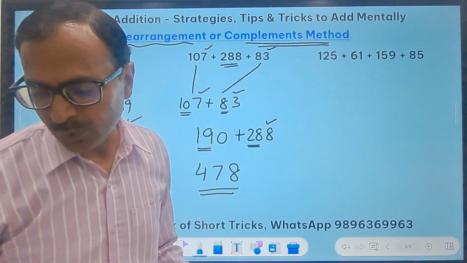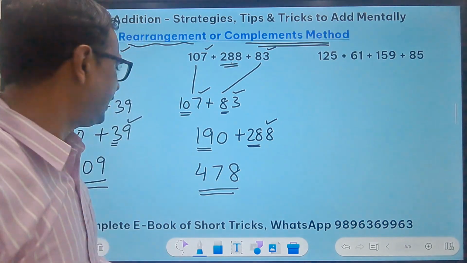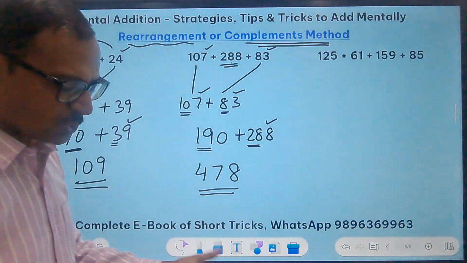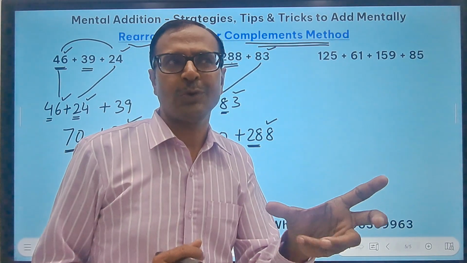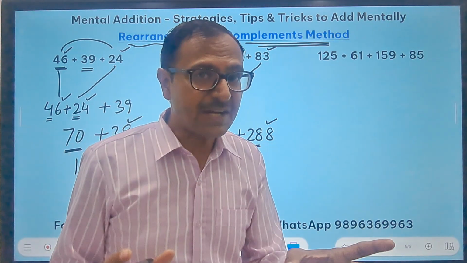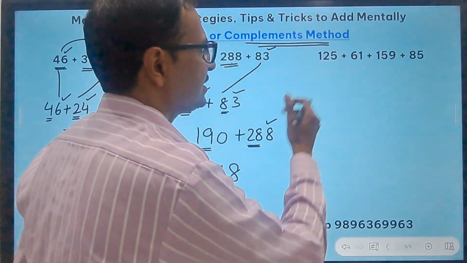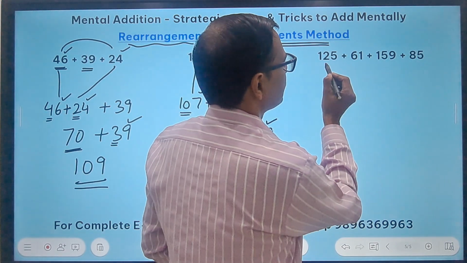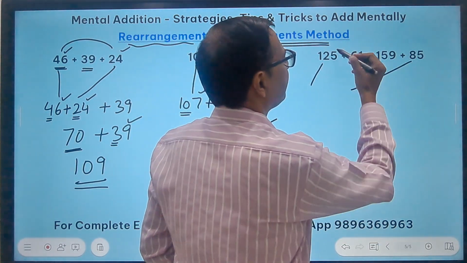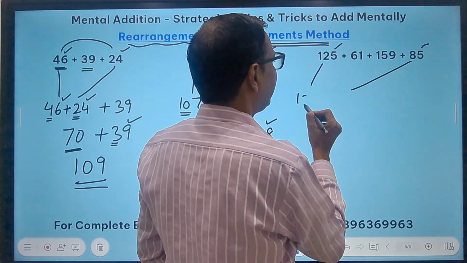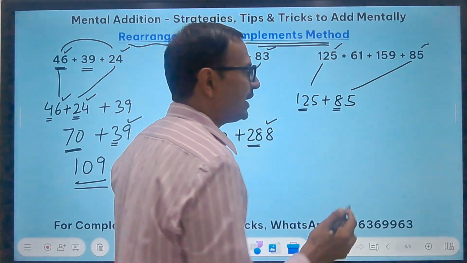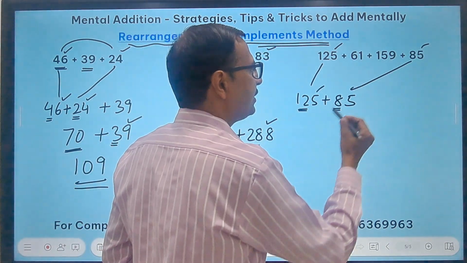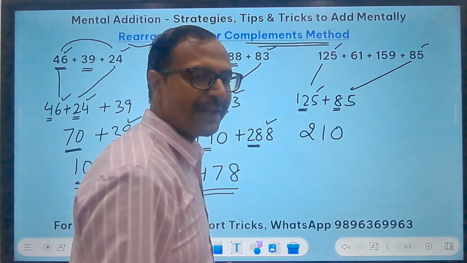So everywhere mental maths works so wonderfully, and all these answers will be so easy if you do it through various different strategies. You need to find out the correct strategy which works for you. Okay, let's see this one, the last one. So 125 and 85, 5 and 5 make 10. So if I add 125 and 85, I know 12 plus 8 is 20 tens, and one more 10 here, so 21 tens means 210.